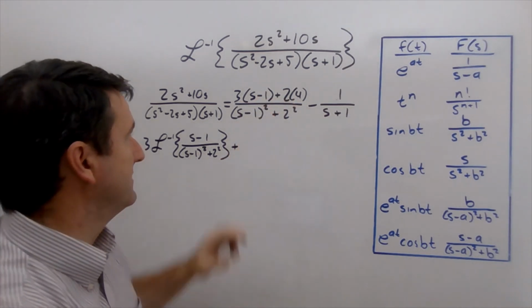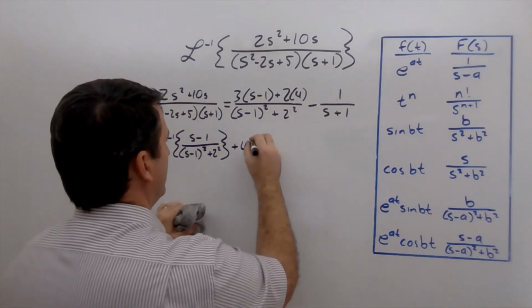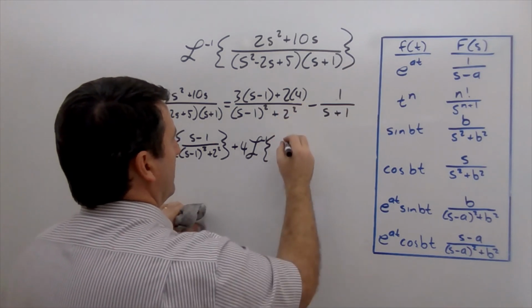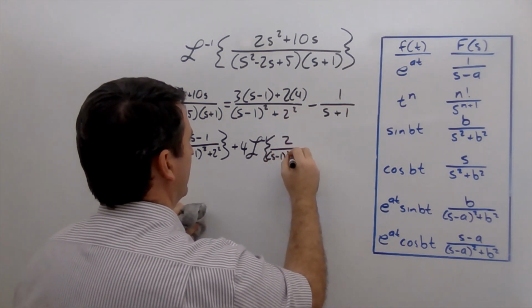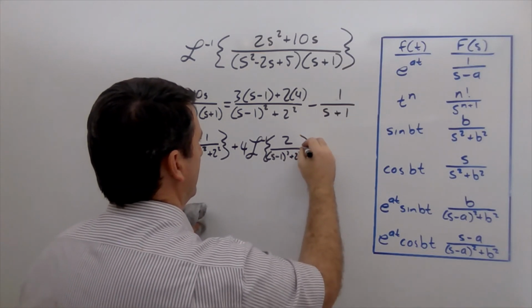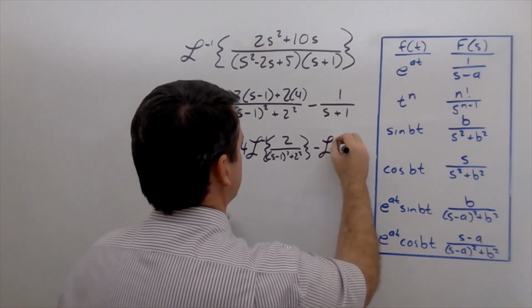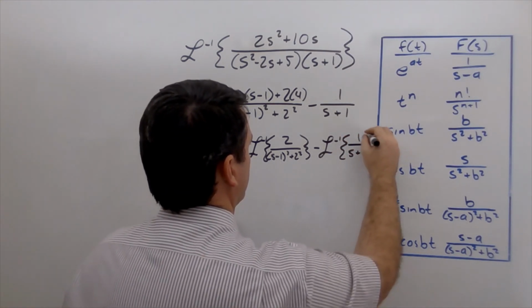I'm going to factor out just the 4, and you'll see why in just a minute. So 4 times the inverse Laplace transform of 2 over s minus 1 squared plus 2 squared. Minus the inverse Laplace transform of 1 over s plus 1.